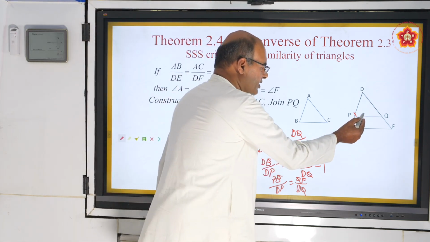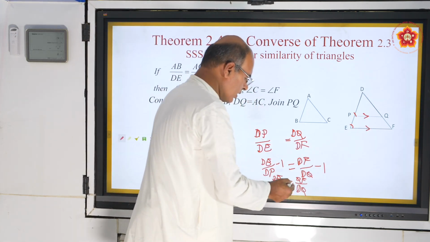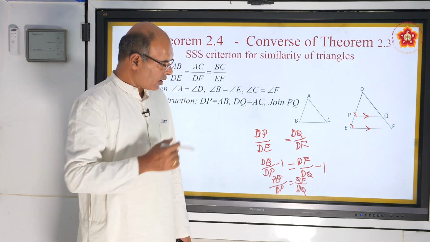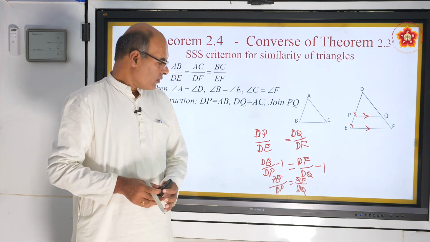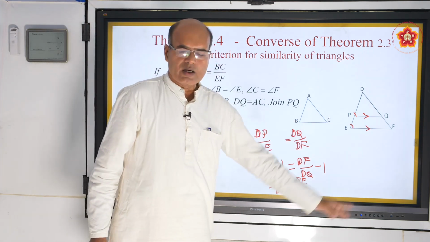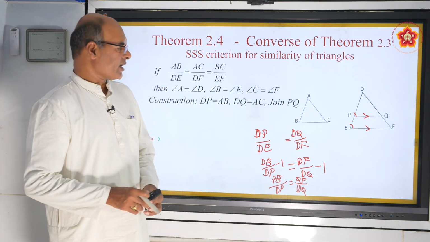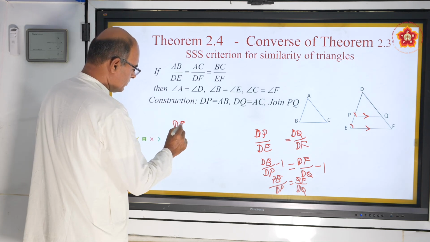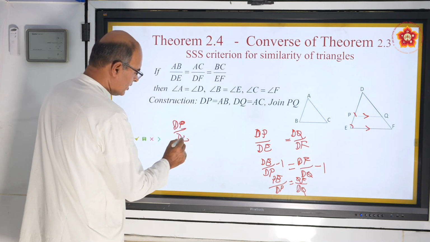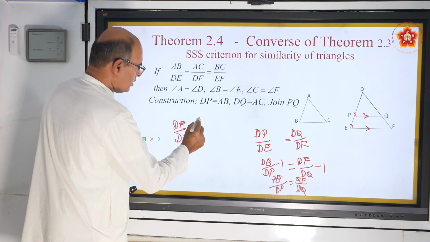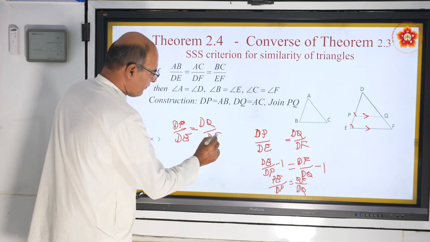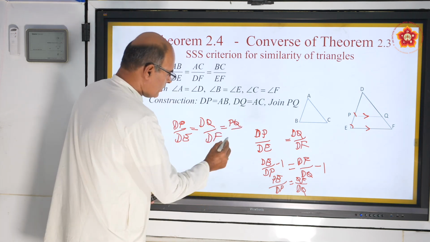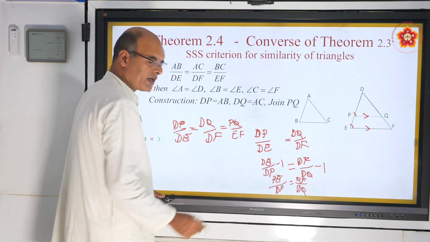Now apply the corollary of Thales theorem. We know that these two lines are parallel now, according to the converse of Thales theorem. Now apply the corollary of Thales theorem, as in the previous theorem: DP divided by DE is equal to DQ divided by DF, which is equal to PQ divided by EF, the result of Thales theorem.